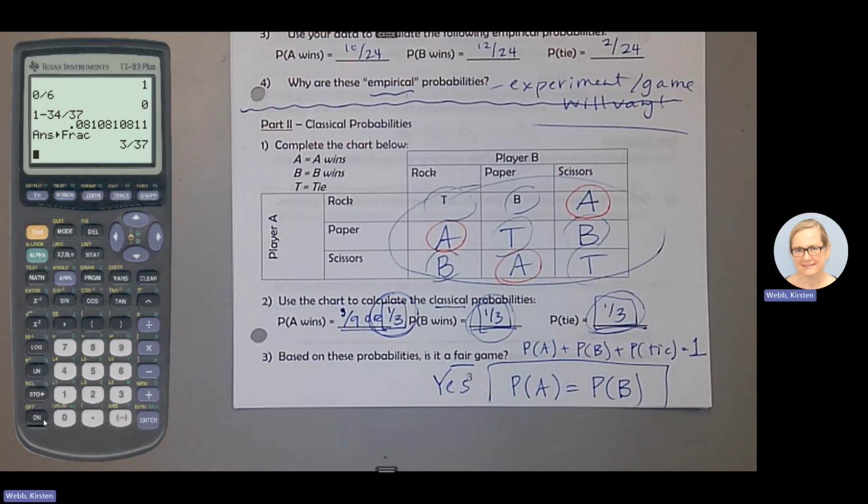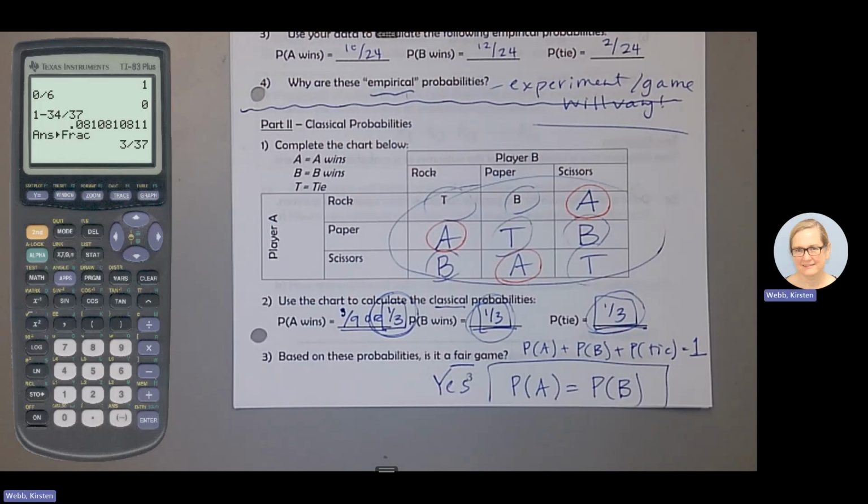Is it technically or theoretically true here that player A and player B have the same chance of winning? 1/3, 1/3. They were the same, weren't they? So it meets the official definition. If each player has an equal chance of winning, that's officially a fair game, which we kind of suspected a lot of folks earlier.